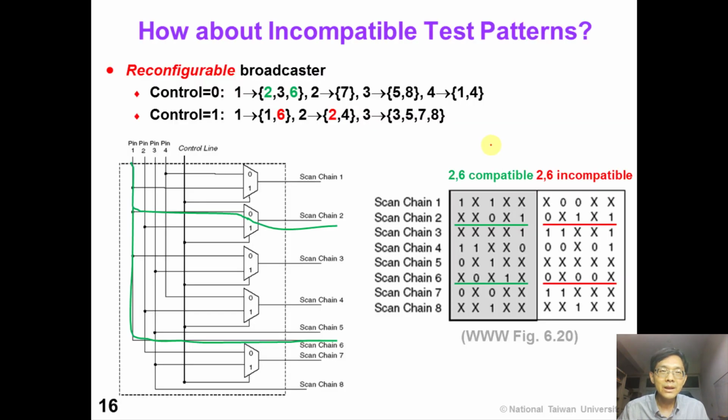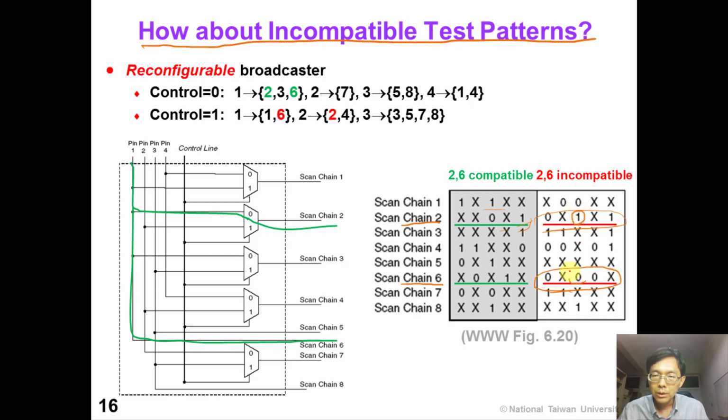So the broadcast scan looks like a very smart idea. But there is one problem. How can we broadcast those incompatible test patterns? For example, in this case, channel 2 and channel 6 are compatible in some test patterns, but unfortunately, they are incompatible for some other test patterns.